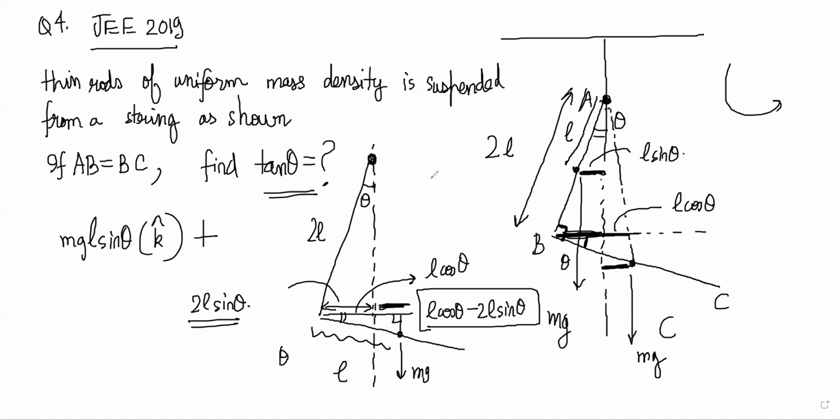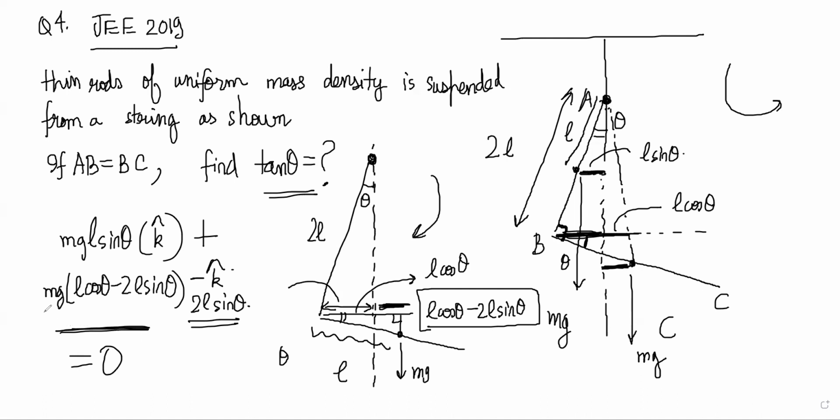So the torque due to this would be a clockwise torque. So it will be minus k cap and it will be mg into (L cos theta minus 2L sine theta), minus k cap. That is my torque due to the second weight, due to the weight of the BC segment. Now these two torques should add up to 0. So we can easily equate it to 0 and mgL will get cancelled everywhere.